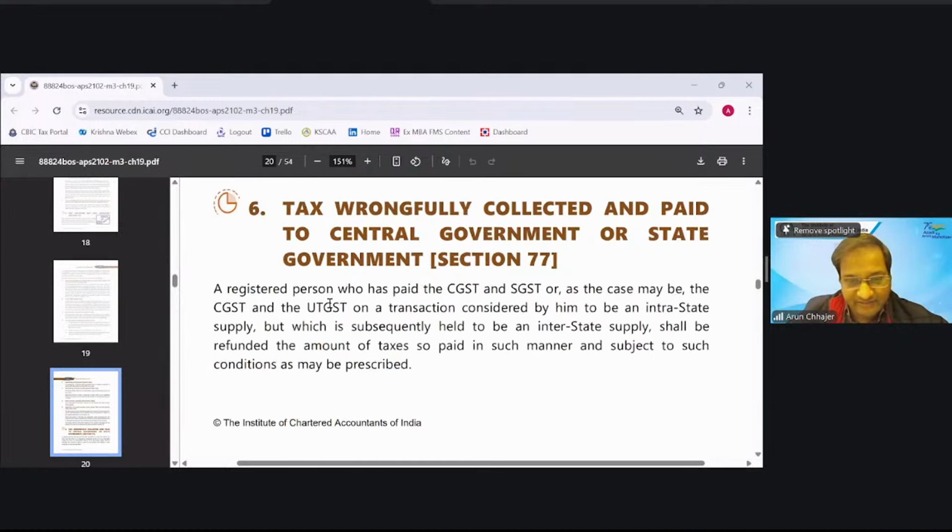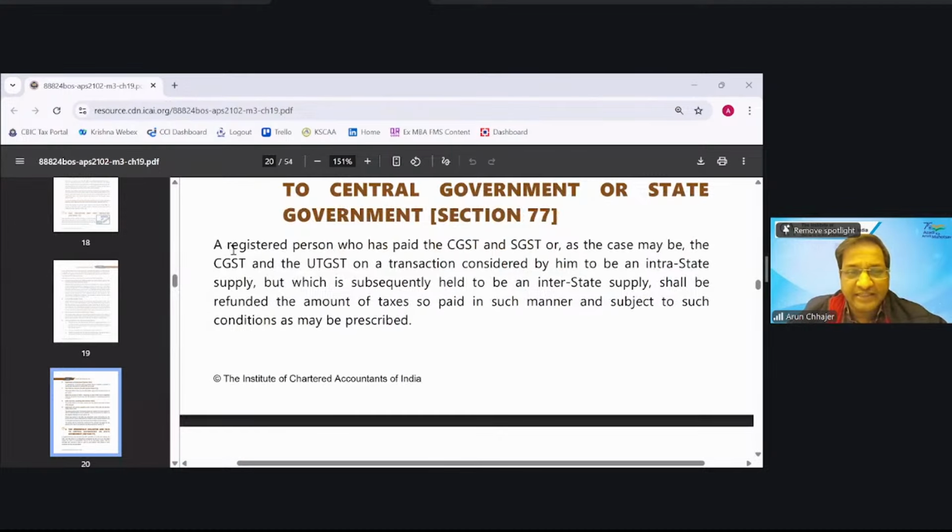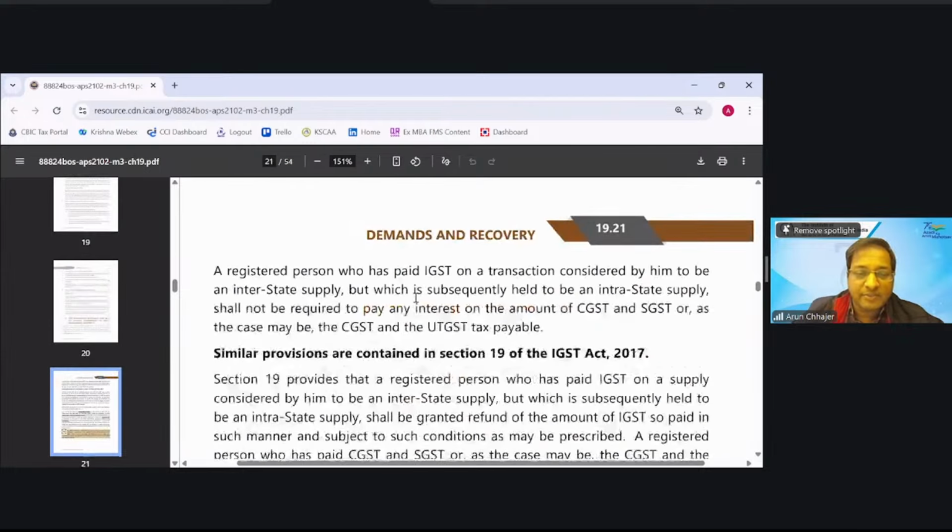And no interest. Just a quickly read कर लेते हैं. A registered person who has paid the CGST and SGST, or as the case may be CGST and UTGST, on a transaction considered by him to be an intra but which is subsequently held to be inter, shall be refunded the amount of the tax so paid subject to condition as may be prescribed.